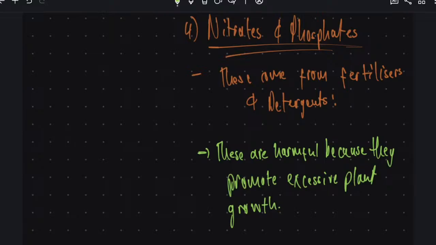So you have done the background of eutrophication. In eutrophication, nitrates, phosphates from fertilizers get into water. They start promoting plants to grow and grow and grow, and take up the oxygen from the water.